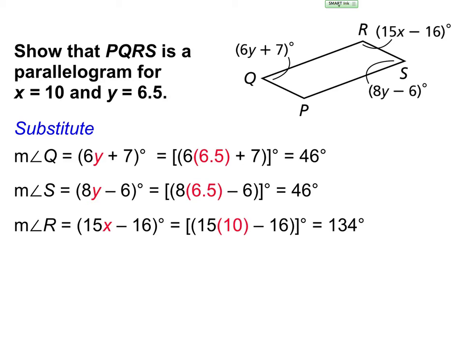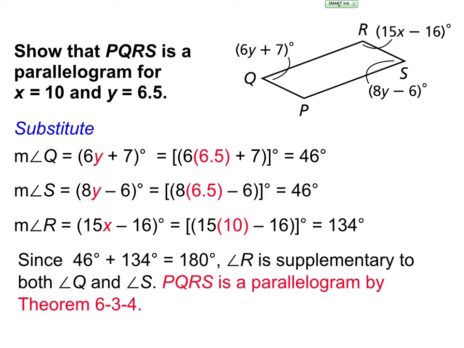Kate, do you know why it's a parallelogram? 6.3.4. An angle is supplementary to both consecutive angles. I believe you're right. Because R was 134, consecutive this way was 46, and consecutive the other way was 46. Correct. All right, that section makes sense?